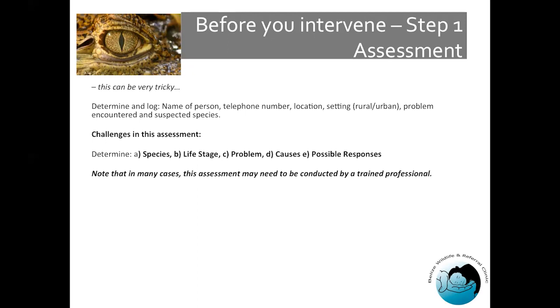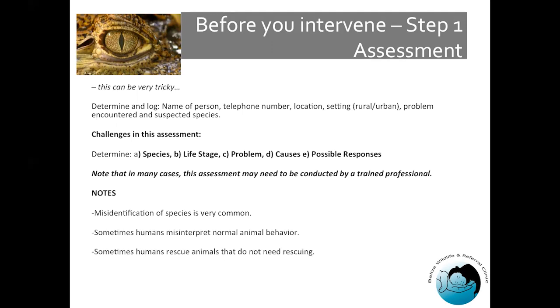But in most cases, this assessment really needs to be conducted or assisted by a trained professional, because it is very, very common that species are misidentified. It is also very common for normal behavior of species to be interpreted as abnormal.